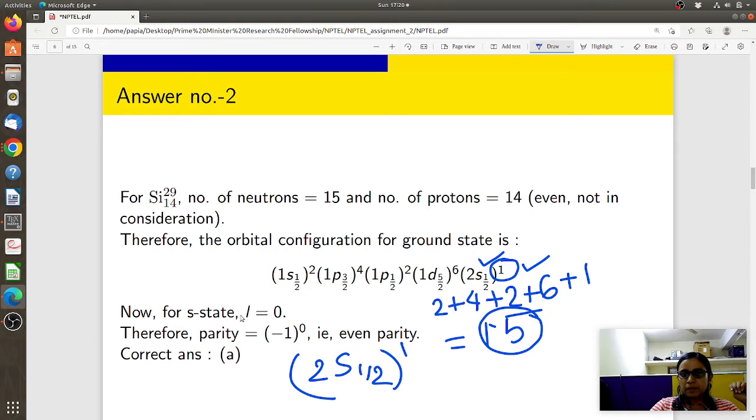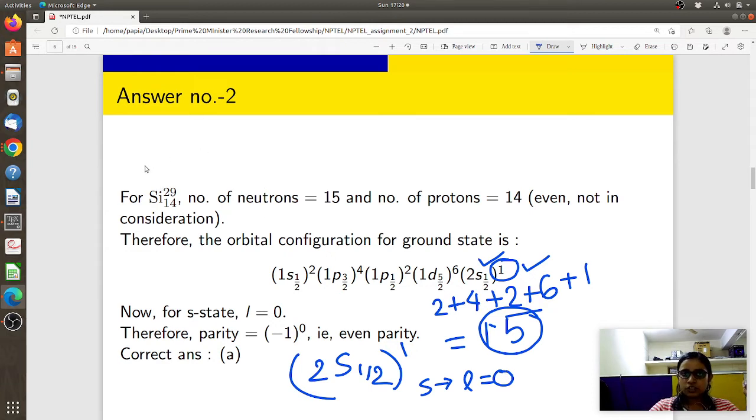So basically in that state, what is the value of j, what is the value of s, and what is the value of l? For an s state, obviously we have l equals 0.